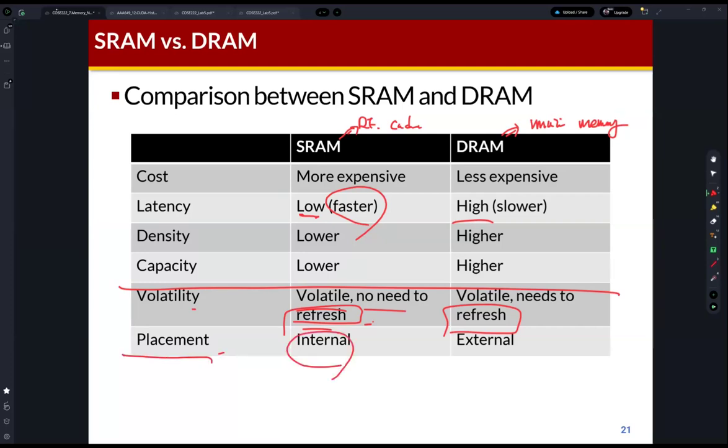Okay, placement is internal and external, as I explained. So we can apply different memory technologies, different types of memory devices, and different types of memories are used for different levels of the memory hierarchy, right? As you can see, the different memory types have diverse characteristics.